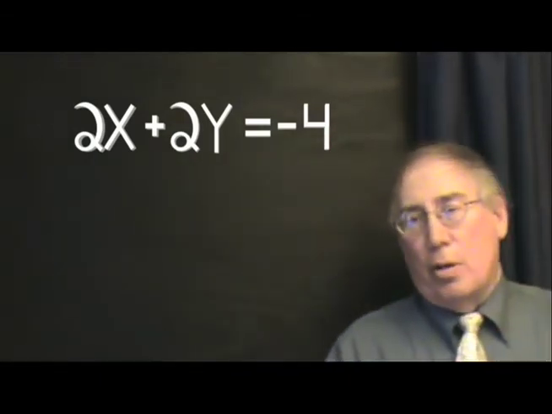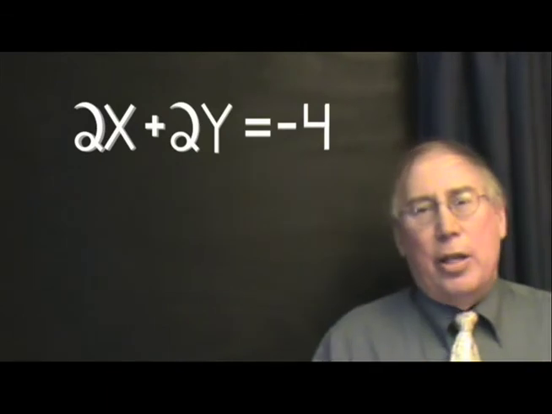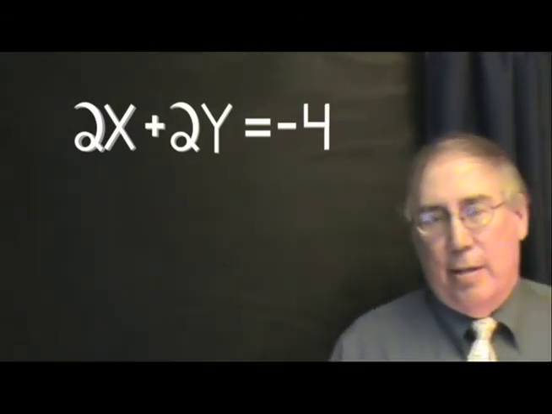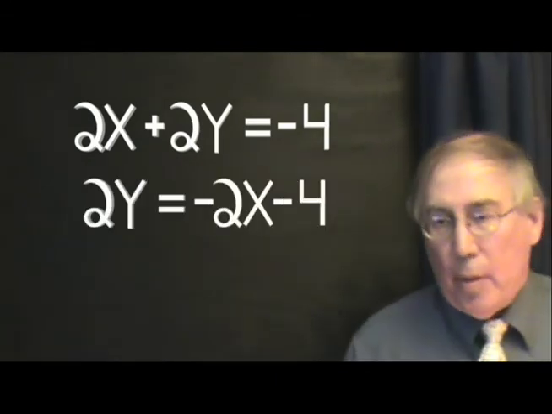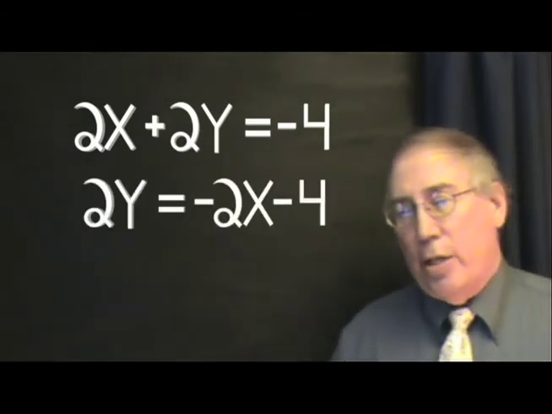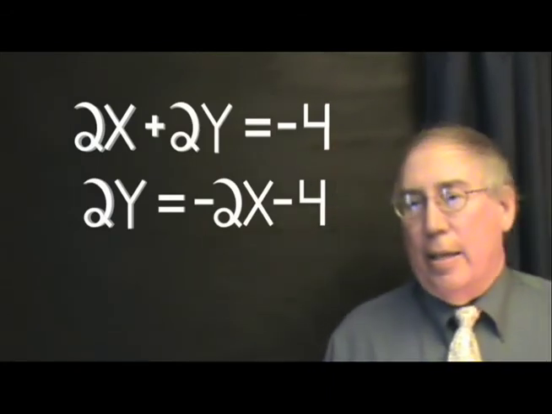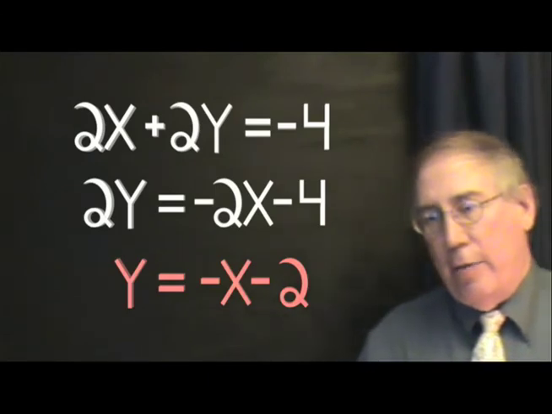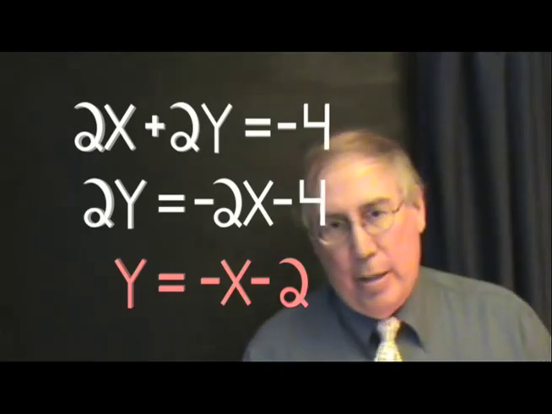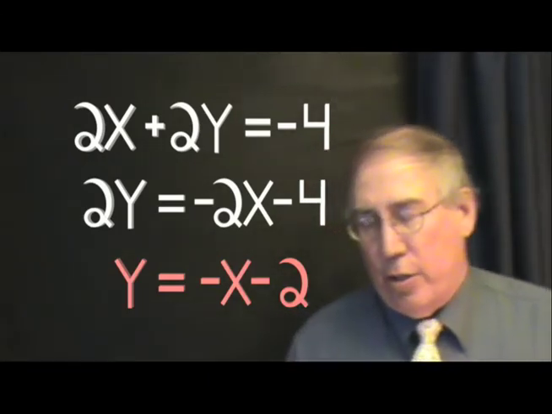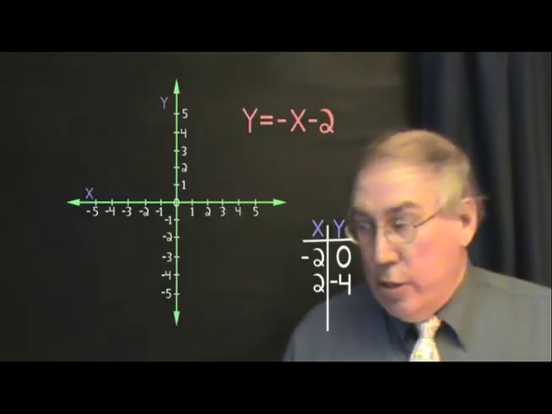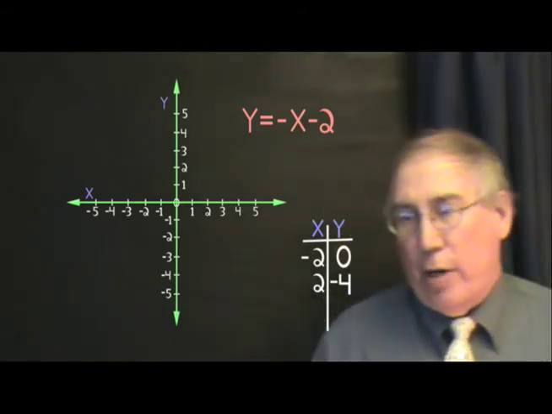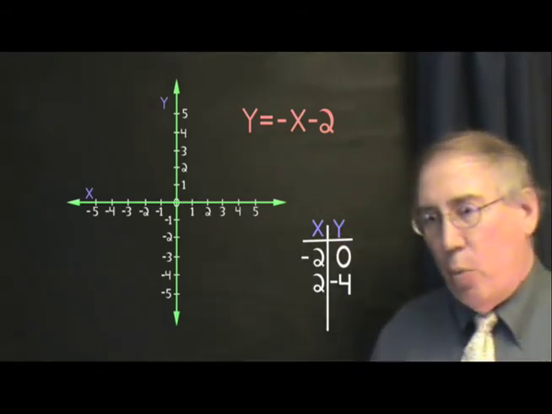Now here we've got to work a little bit harder. We need to put it in the form of y equals something or another so we can graph better. All right, so we subtract 2x from both sides, and then we divide through by 2, and then we get y equals -x minus 2. It's a better form here to graph our line with. So we'll put in a couple values here for x, and then we'll find out what y is.